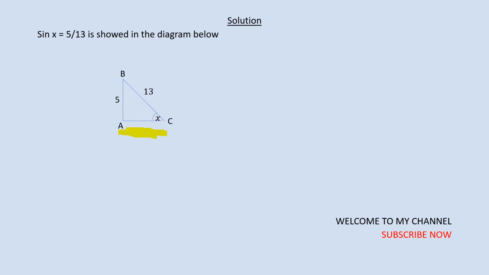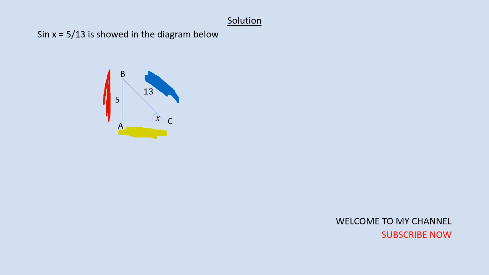Let me use red for this part, which is the opposite, and blue for this part, which is the hypotenuse. So here we are. The yellow one is the adjacent, the red part is the opposite, and the blue one is the hypotenuse.